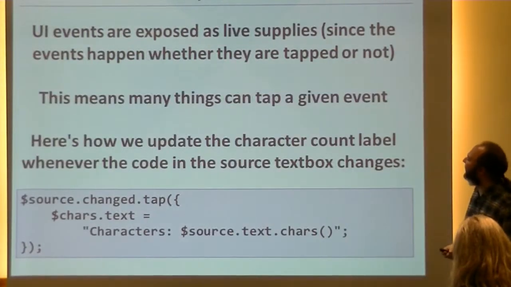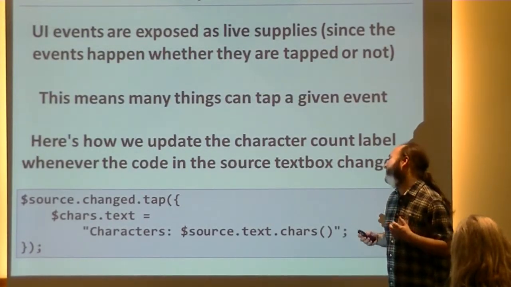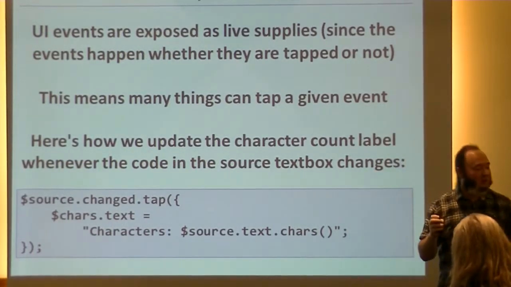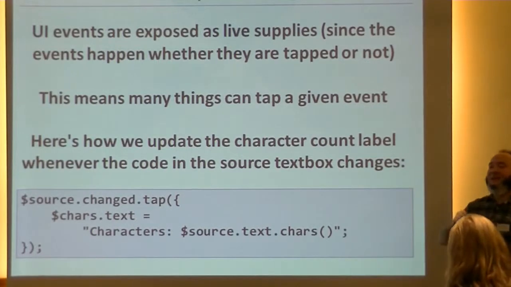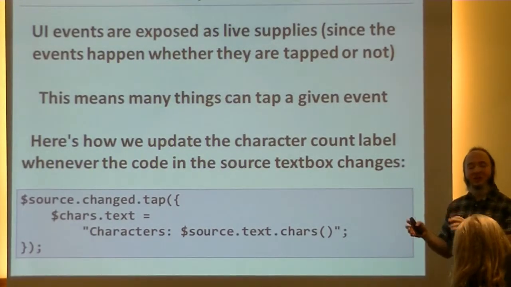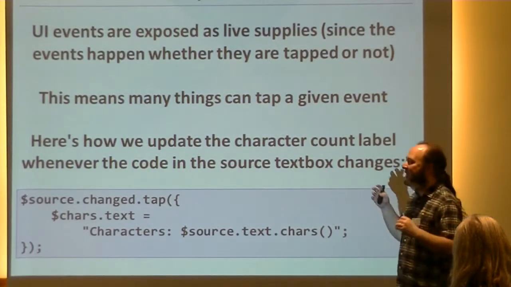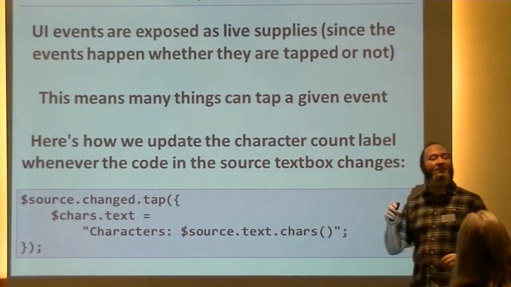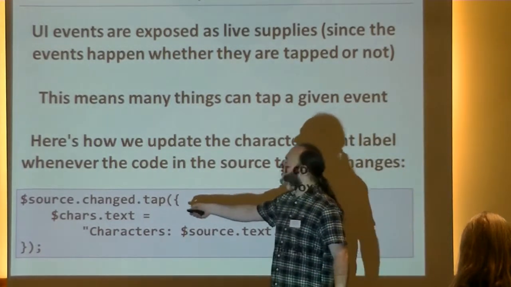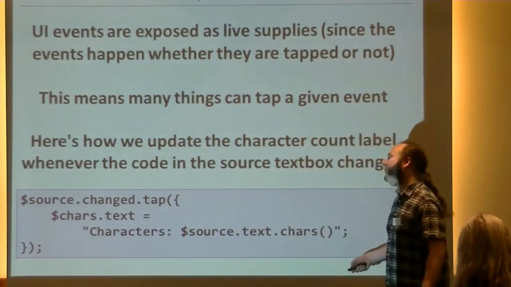Alright. So let's do the easy bit first. What we want to do is every time we type something into this box, we want to have that character count updating. What this module GTK simple does in Perl 6 is it just exposes every event as a supply. So all I have to do is tap the changed events of the source text box.